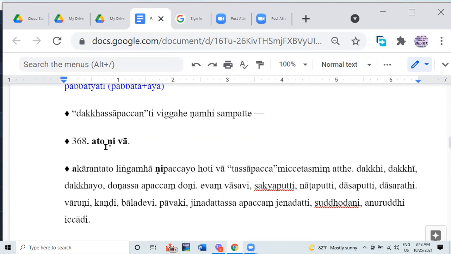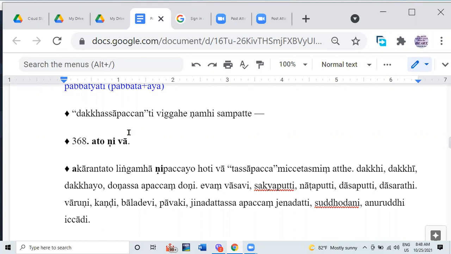After Dakha, something is added, and then something is added. Sa is doubled. So we have Dakasa. After the word apaja, the case word is added, and it changes to N. Finally we get Apajan. So that's why we have to make Dakasa Apajan Daki.